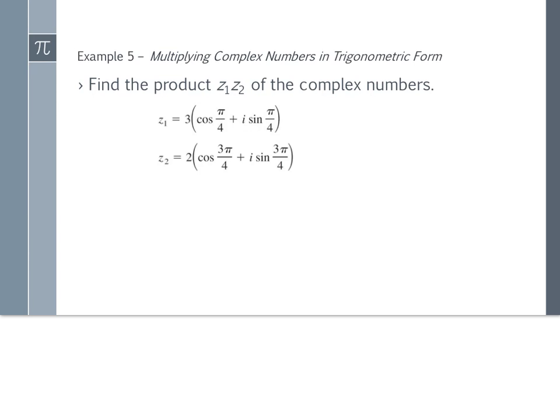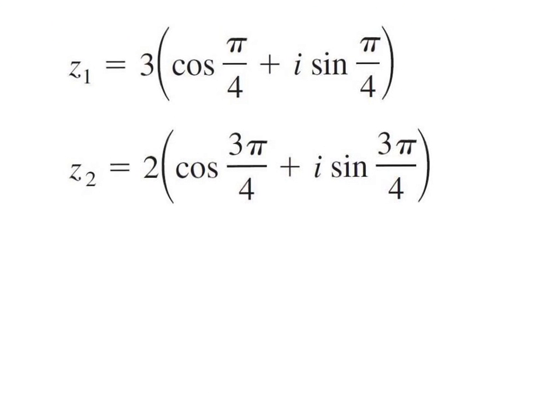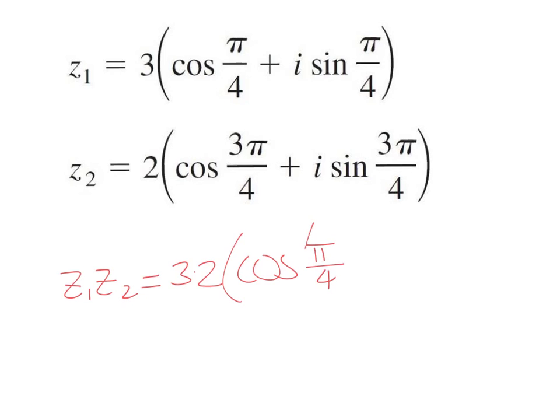Okay, so now let's take this particular example. It says to find the product of the complex numbers. So z1 times z2, we're going to go ahead and do 3 times 2 for r, and then cosine, we're going to add the angles. So pi over 4 plus 3 pi over 4 when we're multiplying.